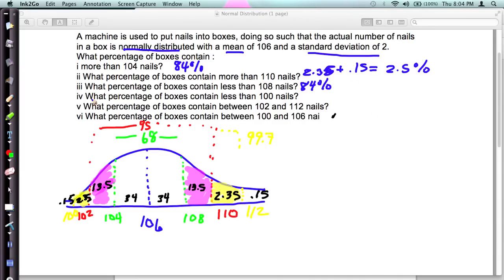For the fourth one, it says what percentage of boxes contain less than 100 nails. So you go to 100, and less means you're looking to the left, and we already labeled that. That only contains 0.15%.